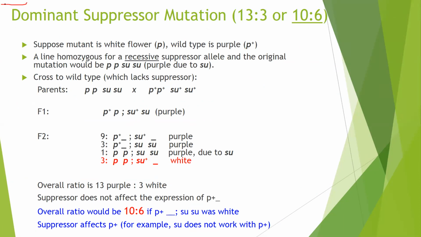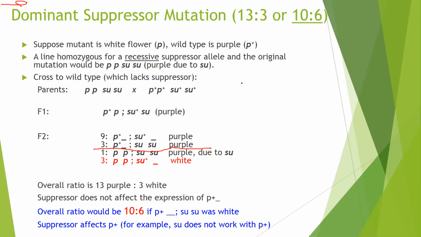I understand how it can be white because the SU can be the suppressor mutation alone, and that would make it white. But would it be purple if the P plus is overriding the SU? Is that why it's purple in the 13:3 ratio?